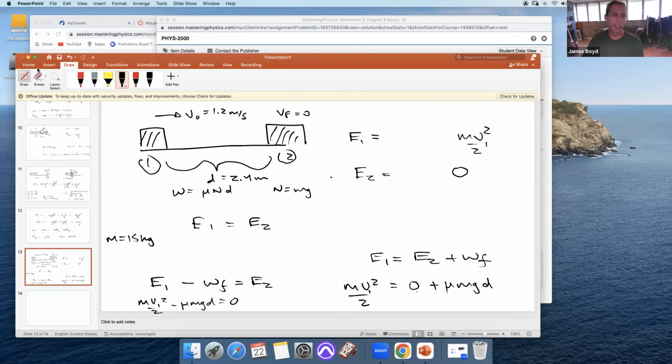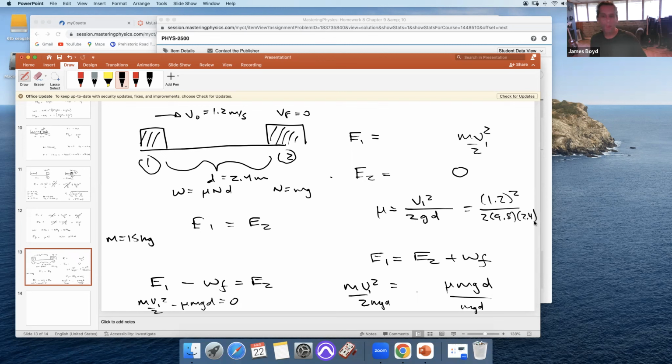We're going to divide through by mgd, and we get that mu is v1 squared over 2gd, the m's cancel, or 1.2 squared over 2 times 9.8 times 2.4.